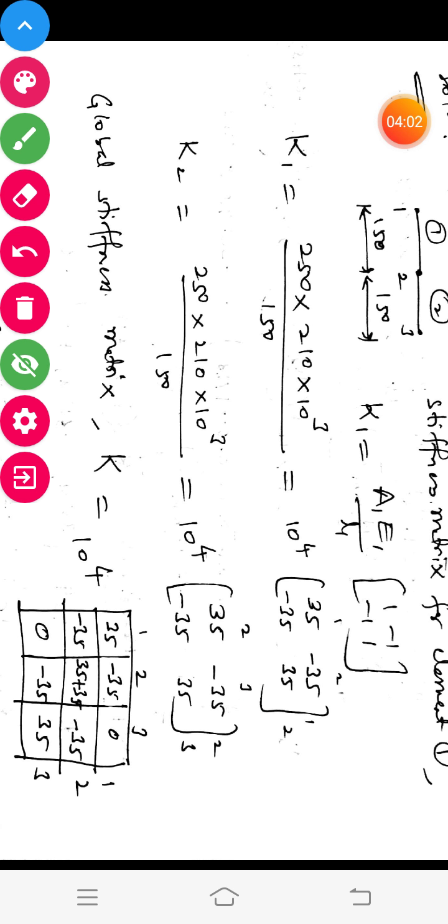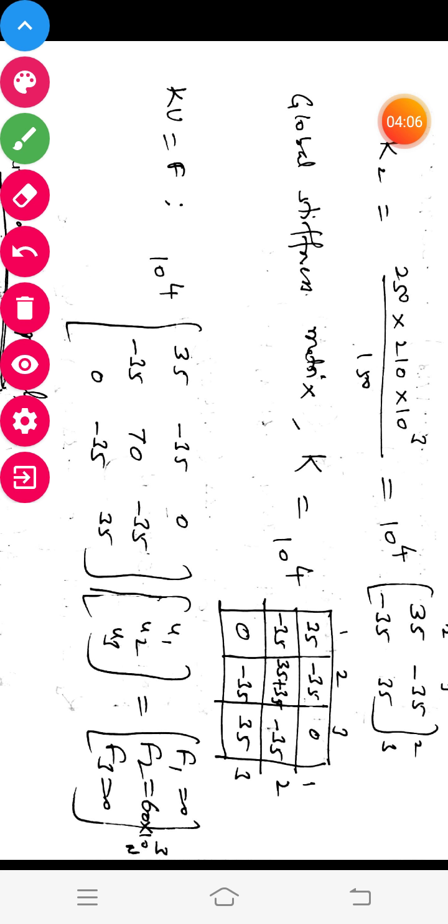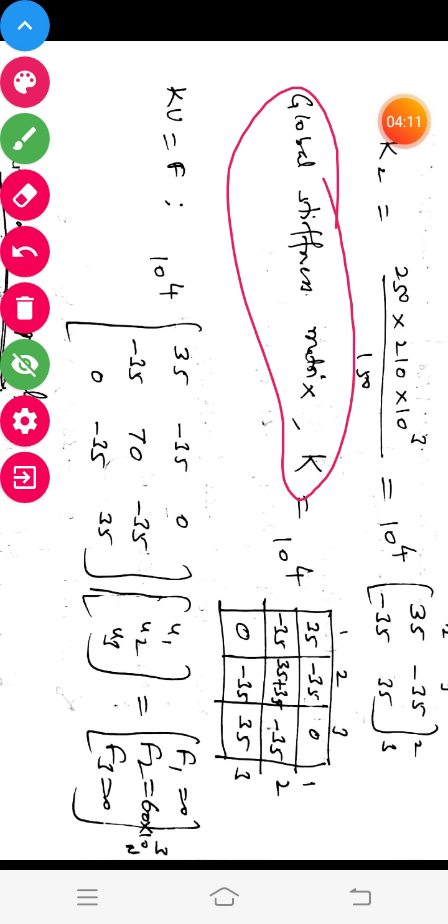Now proceed to the generation of the global stiffness matrix. The global stiffness matrix K can be found by assembling both the matrices K1 and K2.